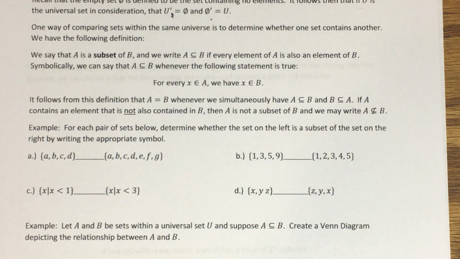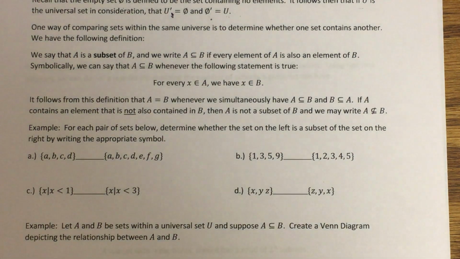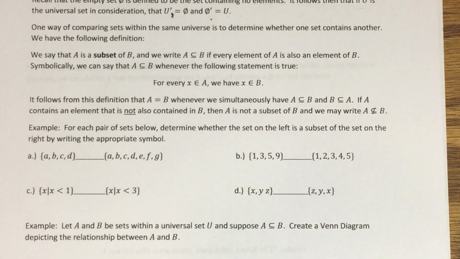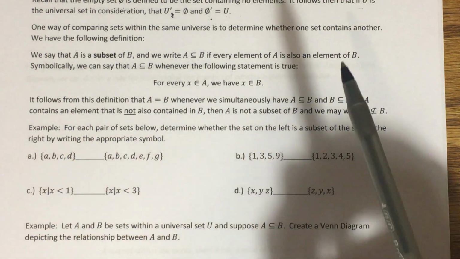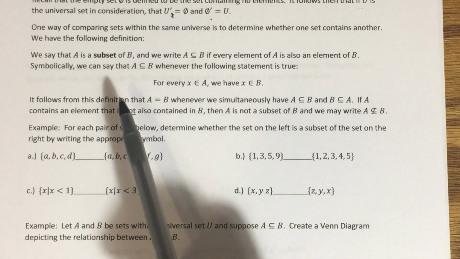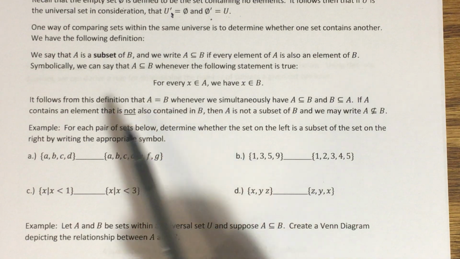Now, back in section 2.1, we defined set equality. And part of that definition, we said that set A and set B are equal to each other if everything that's in A also belongs to B, and if everything that's in B also belongs to A. So in other words, set A and B contain all of the same elements and nothing else. We can frame that same definition in terms of subsets.